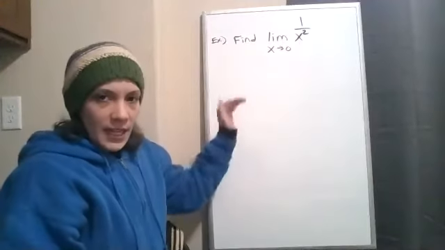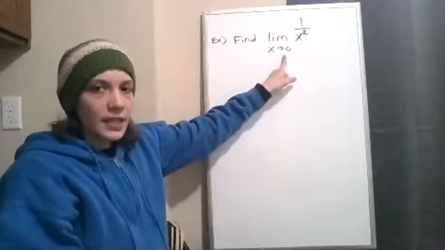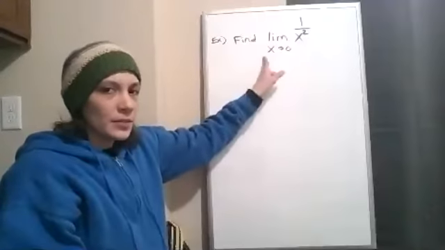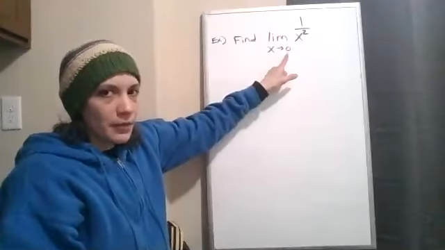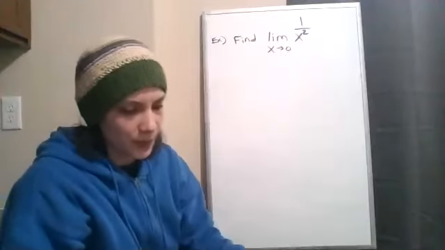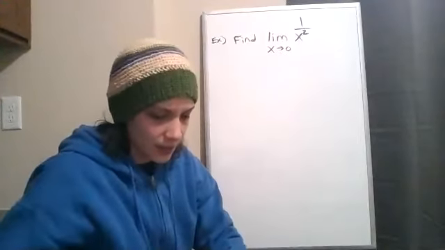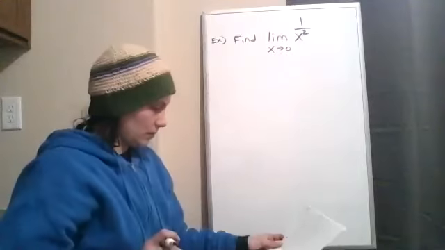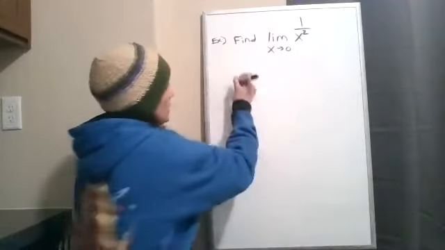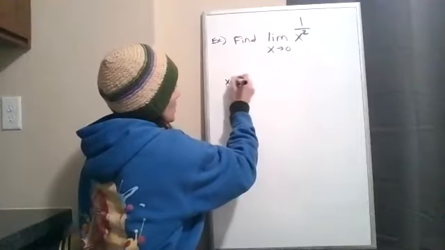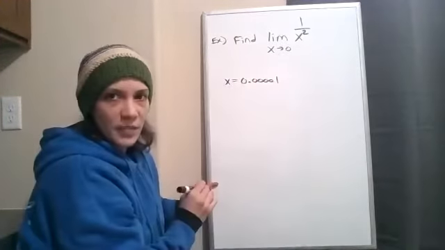Okay, so we're just going to imagine putting in some values, some very, very small negative numbers close to 0, some very, very small positive numbers. I'm going to write small for my very small numbers. So I have a very, very small positive number.